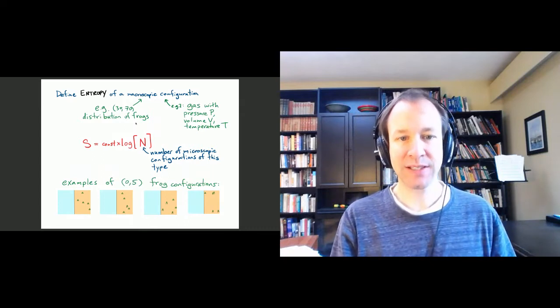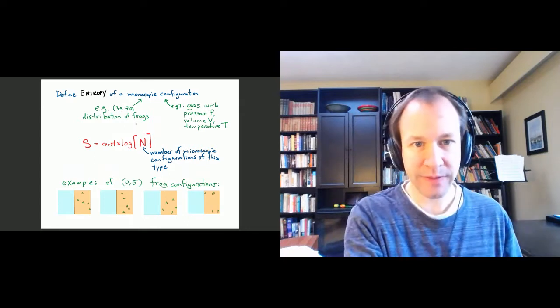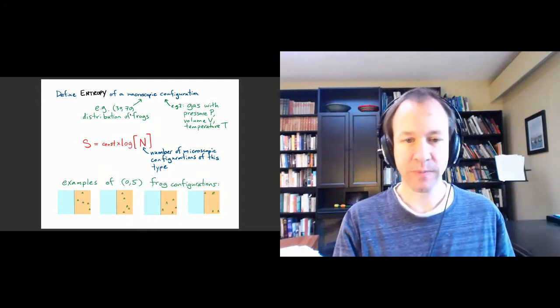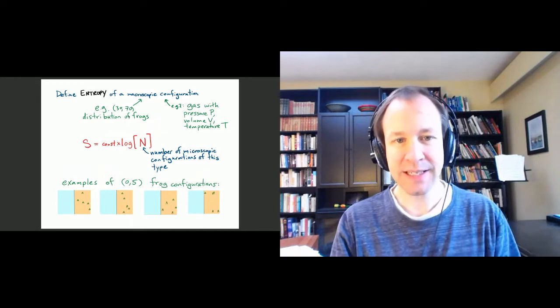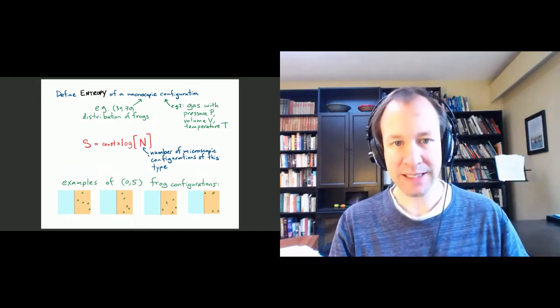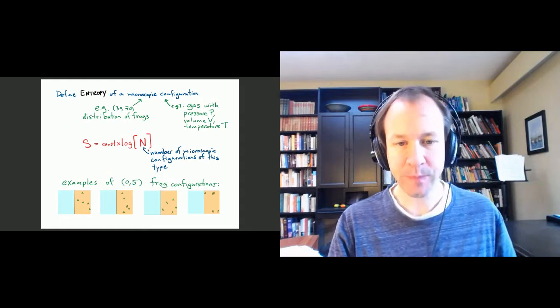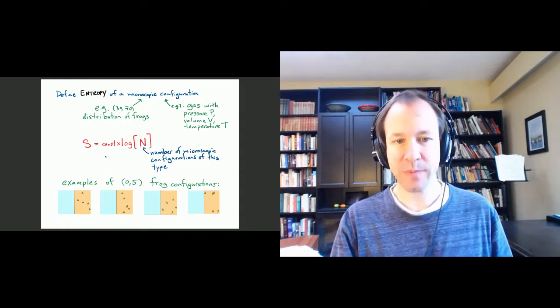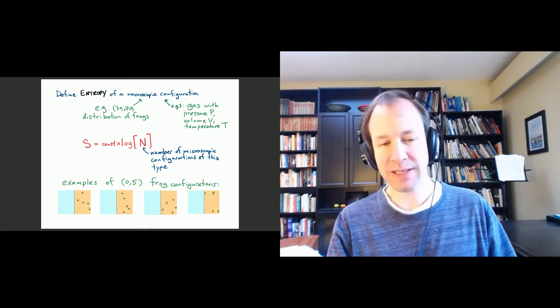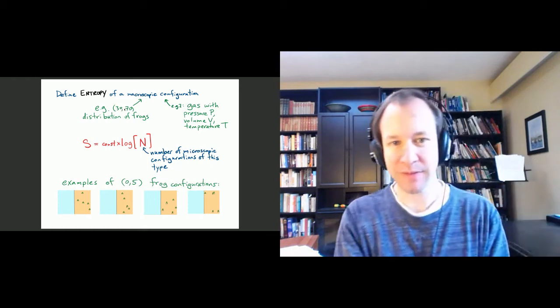And it's just related directly to the number of configurations with those numbers of frogs. More precisely, you actually take the logarithm of that number for reasons that I'll explain in the next slide. Okay, so this is the definition of entropy. You look at your macroscopic variables. In the frog case, that would be how many frogs on the left, how many frogs on the right.